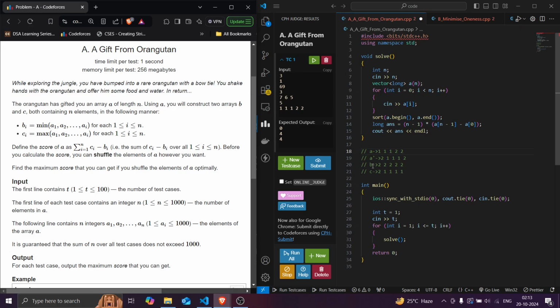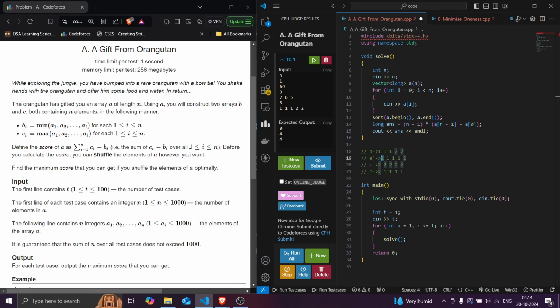Sorry, this is C and this is B. C will basically be the largest of all, so I will put the largest element at the first position. Now I need my B to be minimized, but since I'm placing the largest at the first position, I want to minimize the immediate next, because I don't care about the largest anymore since C is sorted now.